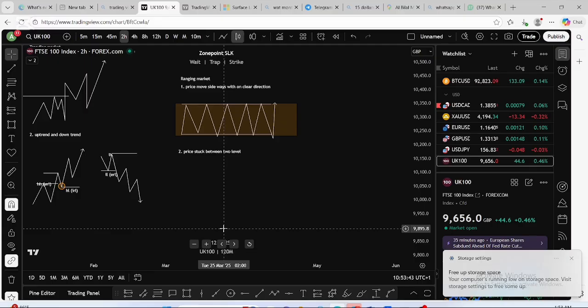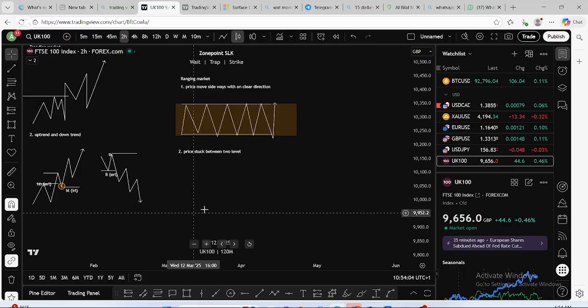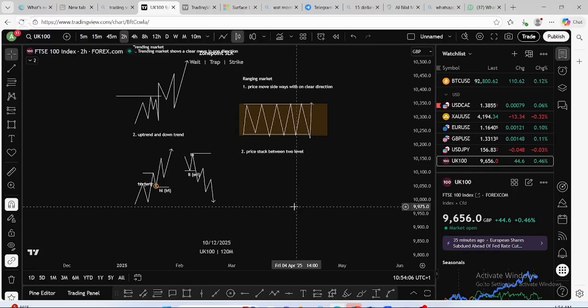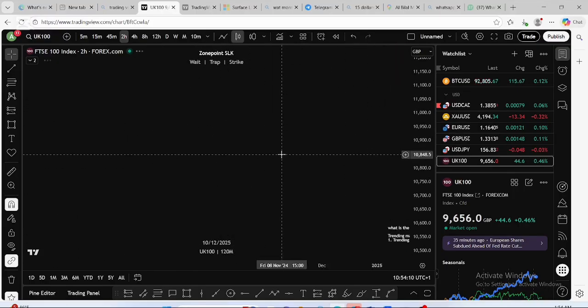I call it breakout, I don't call it break of structure. It breaks structure, and when it's breaking structure, if you are in an uptrend, it breaks external structure, and in the downtrend, it also breaks external structure to the downside. So that's what I can say about ranging and trending market. That now brings us to the topic I've been saying, advanced market structure.